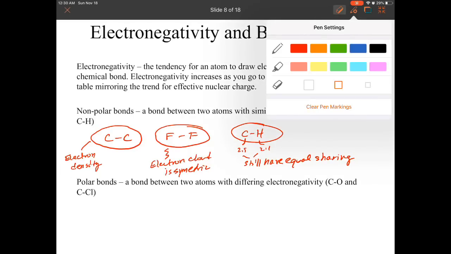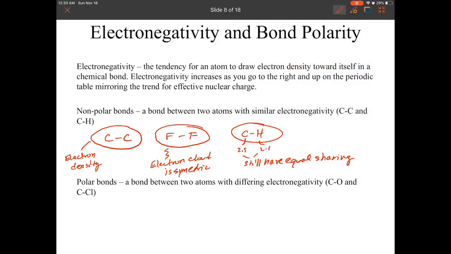Now the way to think about this is we go back to our basketball analogy. In a carbon-carbon bond, you can think of two people bouncing a basketball back and forth. The carbon atoms want the basketball equally, so both partners share the basketball equally, and they have it for the same amount of time.